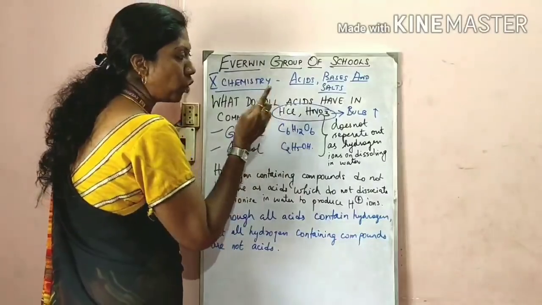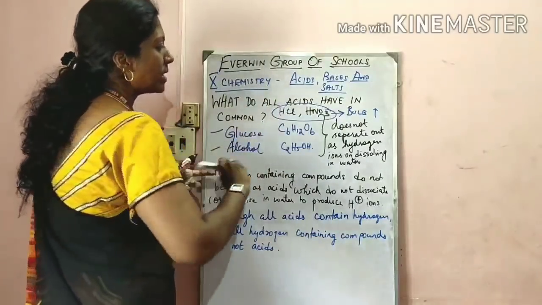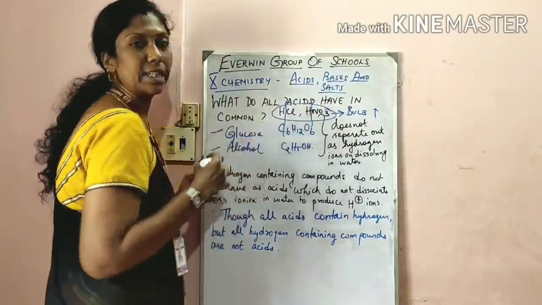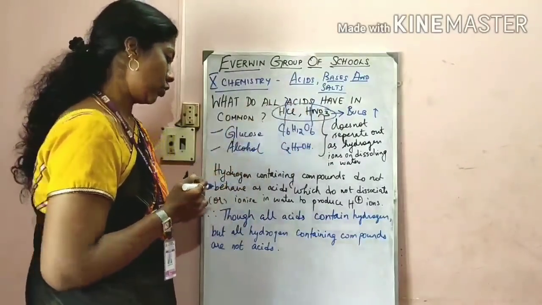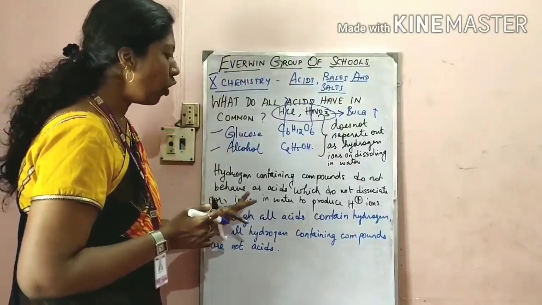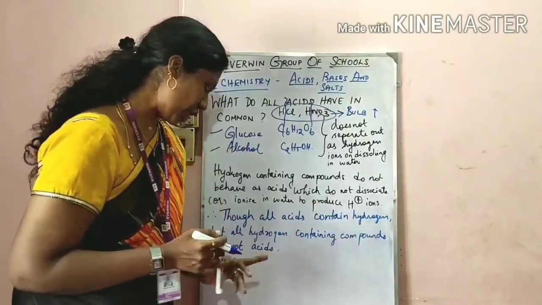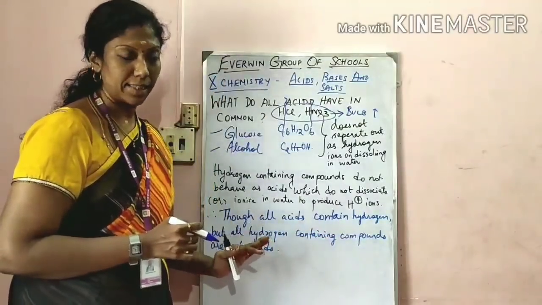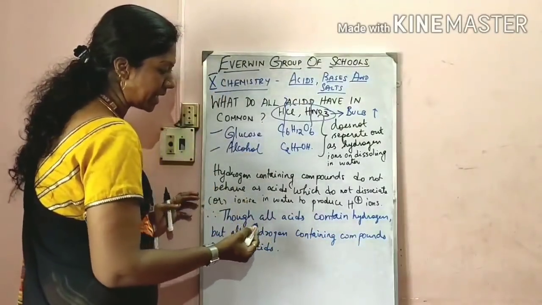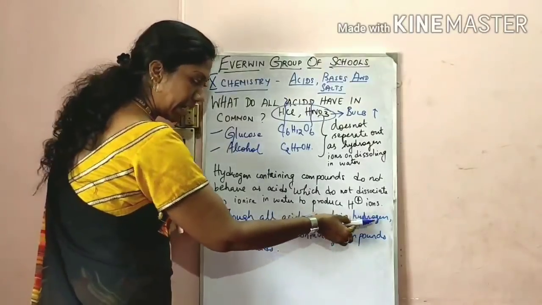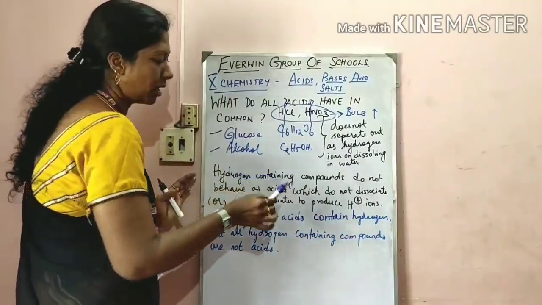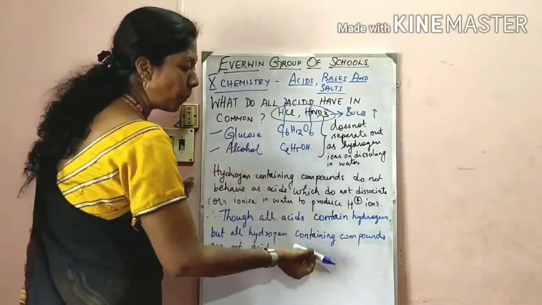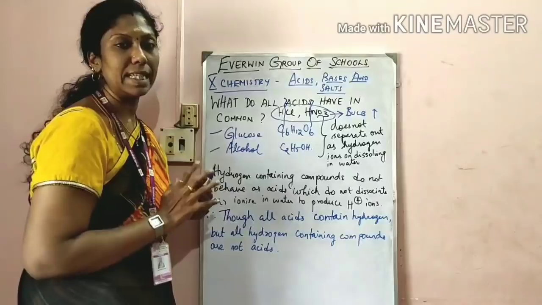Whereas in hydrochloric acid and nitric acid, there is easy dissociation of H plus ions with which the electricity was conducted by the solution. Therefore, though all acids contain hydrogen, all hydrogen containing compounds are not acids. The meaning of this sentence is, containing hydrogen is common to acids. All acids will contain hydrogen, but all hydrogen compounds are not acidic in nature.